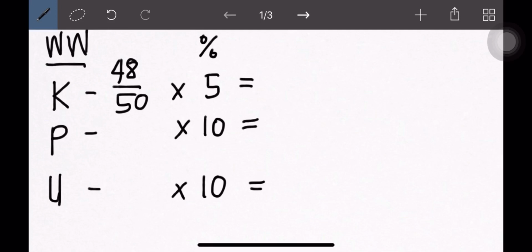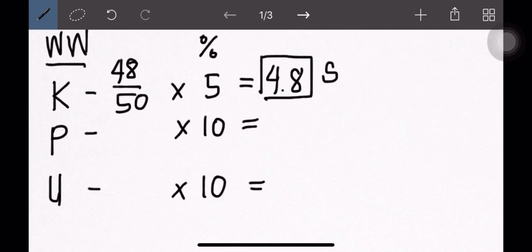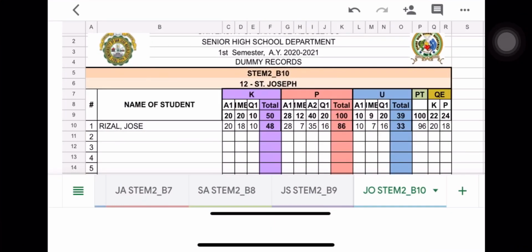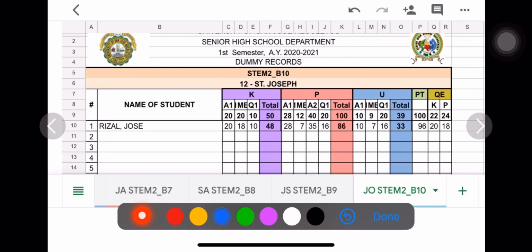48 divided by 50 times 5, so you have 4.8. So we're gonna rename this, or we're gonna call this S1, which means score 1. Okay, now let's go to process. Process, the scores of Rizal are the following: 28, 7, 3, 5, and 16.